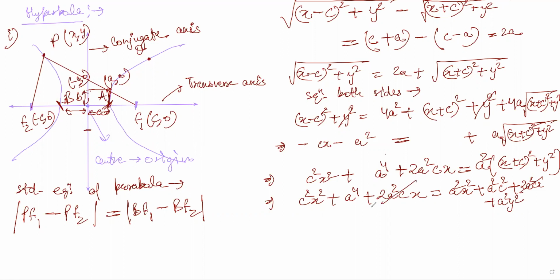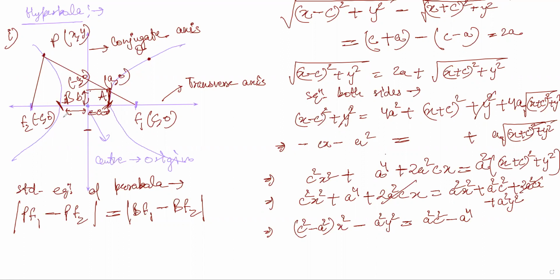So this cancels out this. Then this is (c² minus a²) into whole x². Then this is minus a²y². And here it becomes a²c² minus a^4. Right?